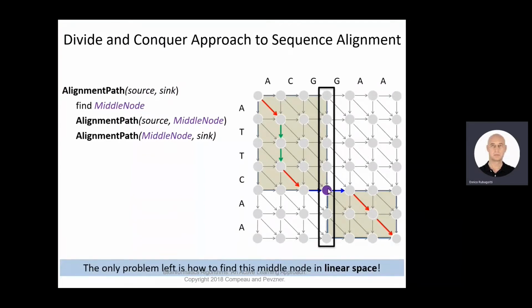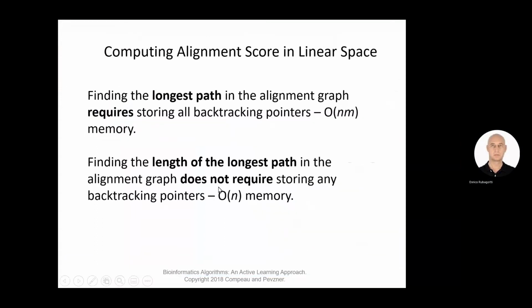Okay, we speak about memory here. In linear space, finding the longest path in the alignment graph requires storing all backtracking pointers, so it is not linear, it's quadratic as a space, O of nm, while the length of the longest path in the alignment graph does not require storing any backtracking pointer.